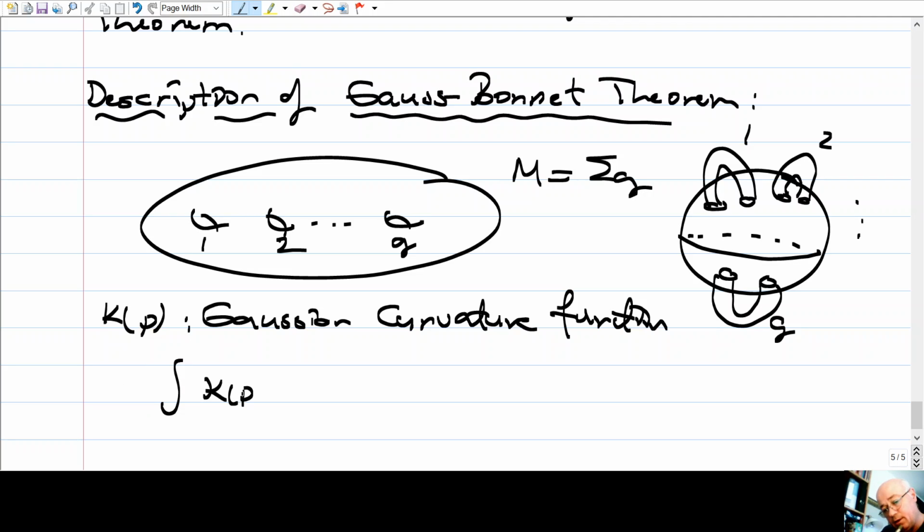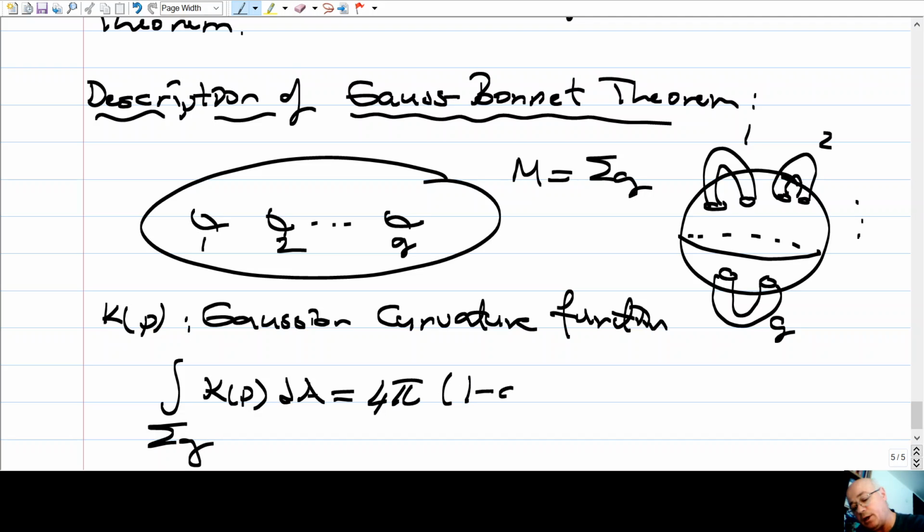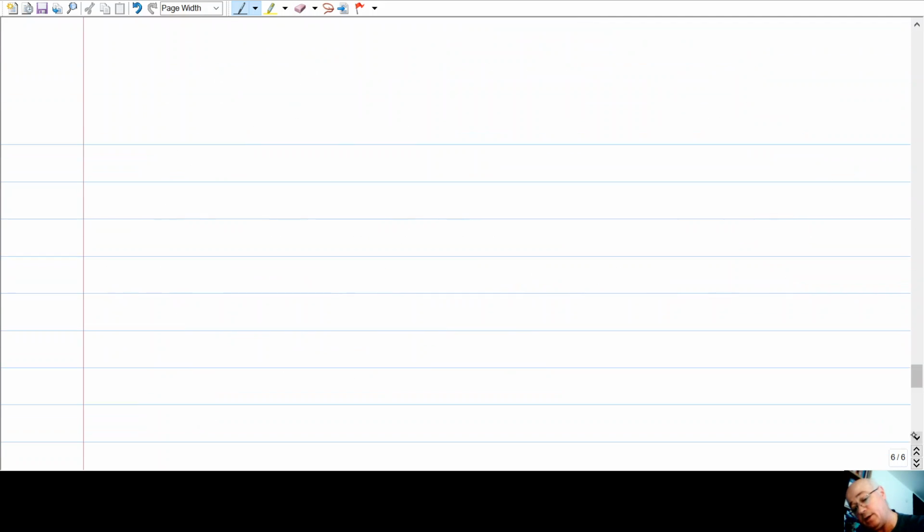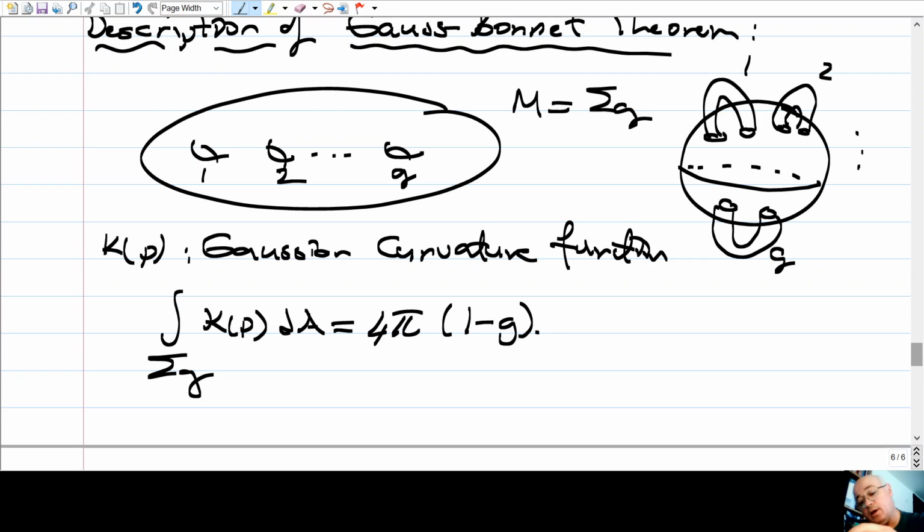If you take the Gaussian curvature, multiply with the area element, and integrate over the surface, what you get is 4 pi times 1 minus g. Okay. This is a wonderful theorem. Why is that?